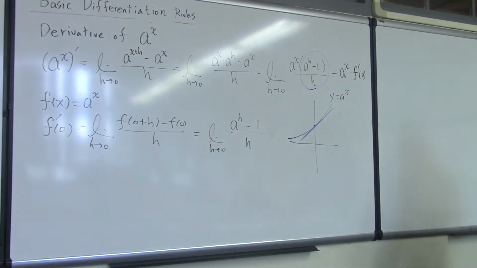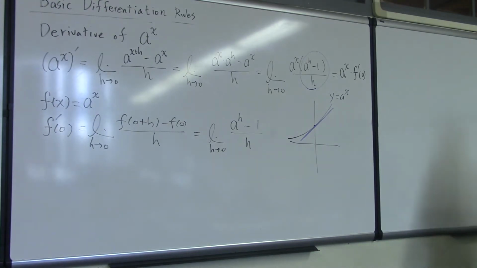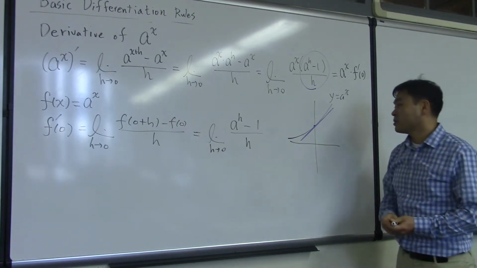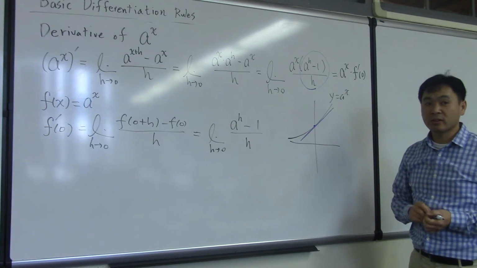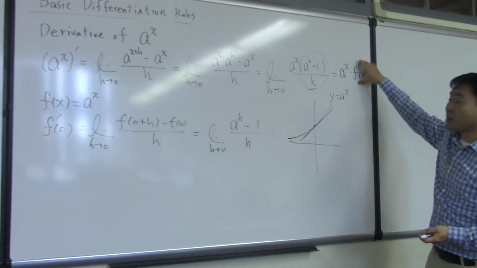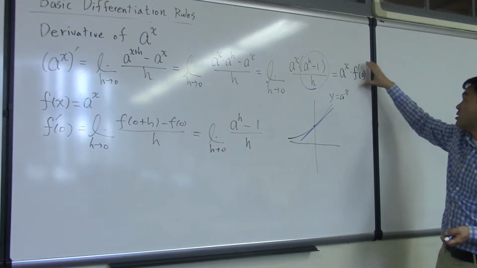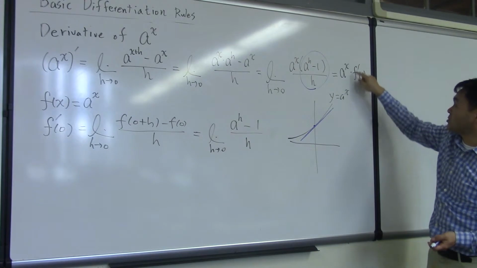Okay. Now the next one is when we first think about the natural number e. Okay. So we're going to figure this out later after we do something called the chain rule. For now, this is some mysterious number.